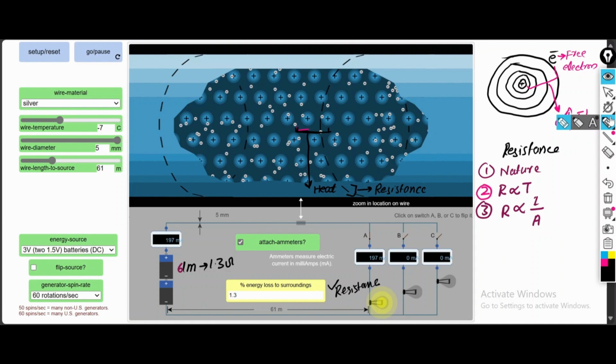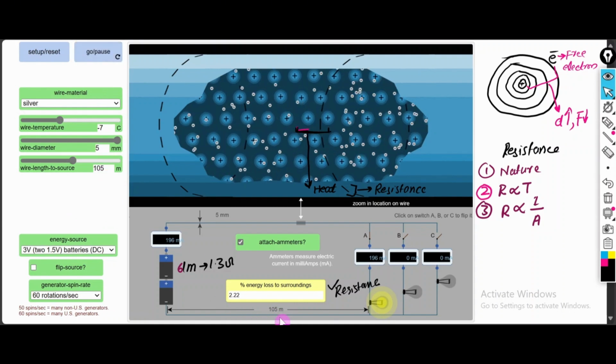And now if we change this from 61 meter to 105 meter, for 105 meter this resistance becomes 2.22 ohm.